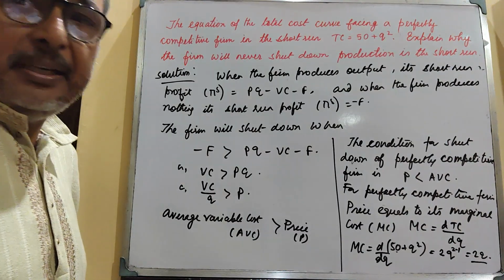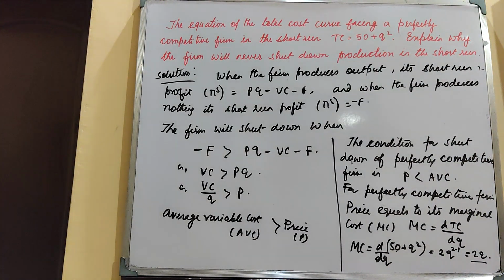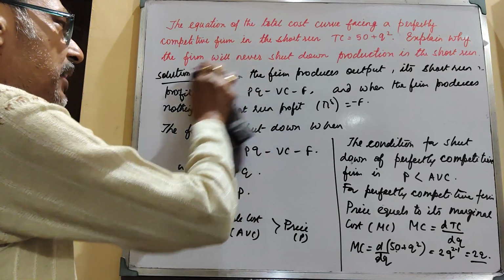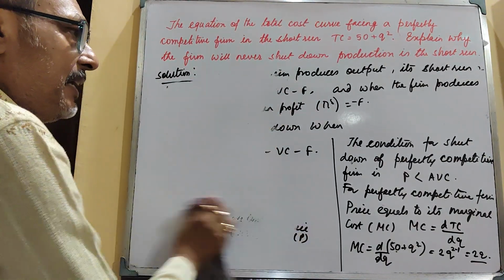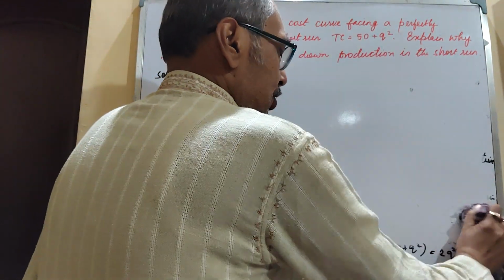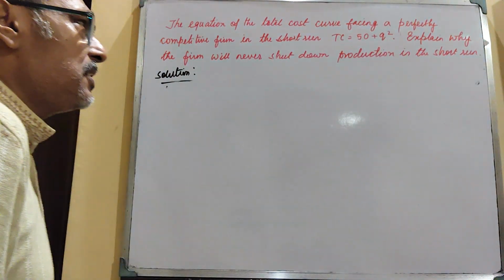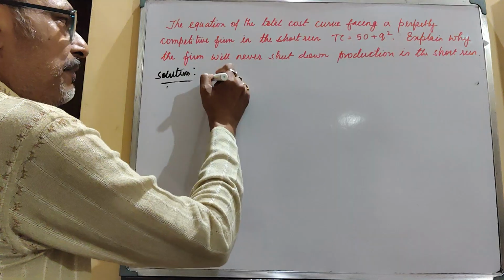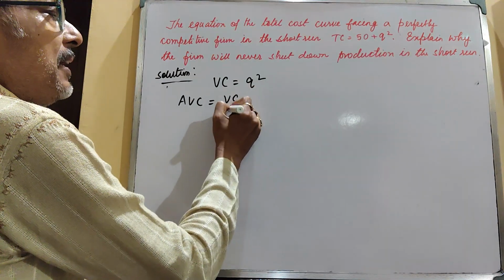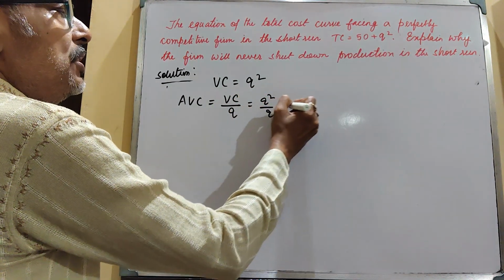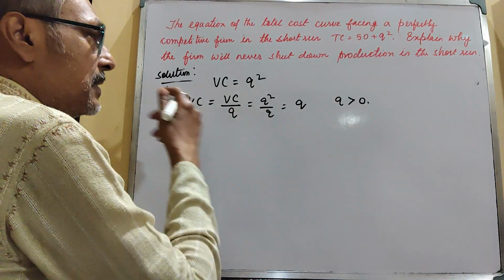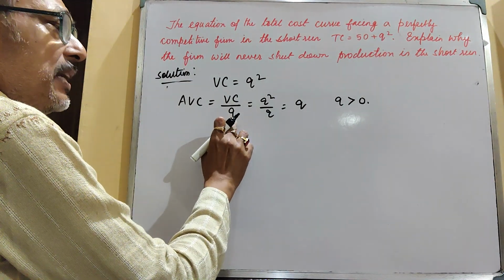For a perfectly competitive firm, the equilibrium condition is price equals marginal cost, and marginal cost equals 2Q. Therefore, price equals 2Q. This is the equilibrium condition. And what is the variable cost? Variable cost VC is Q squared. Therefore VC by Q is Q squared by Q, which is Q, and Q must be greater than 0, because Q is in the denominator.